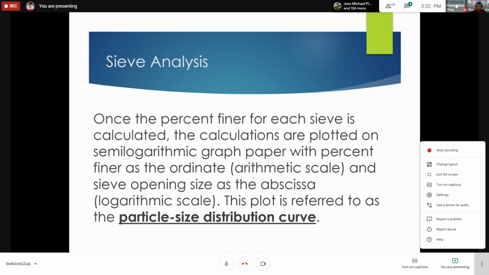What we solved earlier in number 5, your y-axis, the ordinate, is in the arithmetic scale. Now your sieve opening, the meshing of your sieve number, is your x-axis or the abscissa, and this axis is in logarithmic scale, a reverse logarithmic scale.